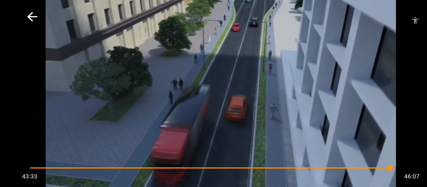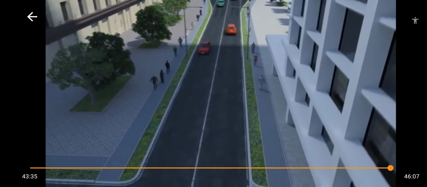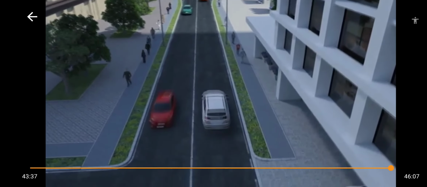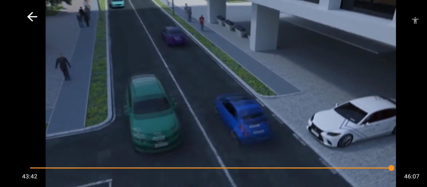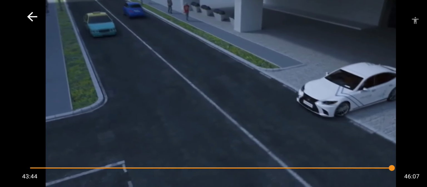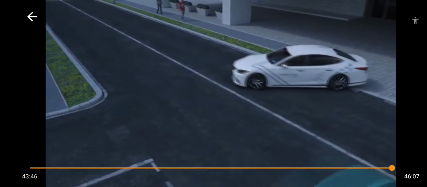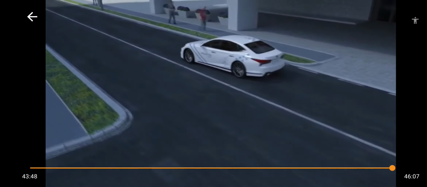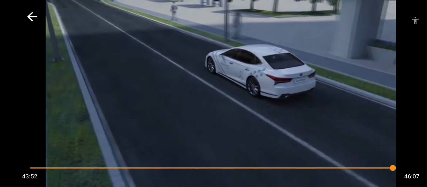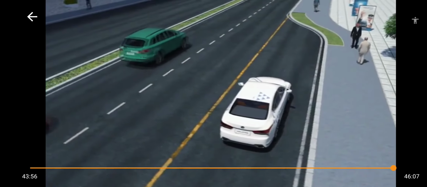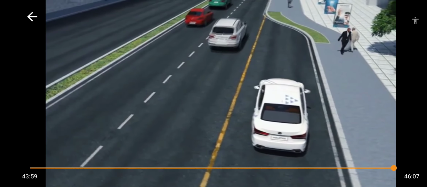Vehicles that lose the right of priority. Vehicles that are ready to exit from a building to the road. Vehicles that are ready to exit from the shoulder of the road to its carriageway.